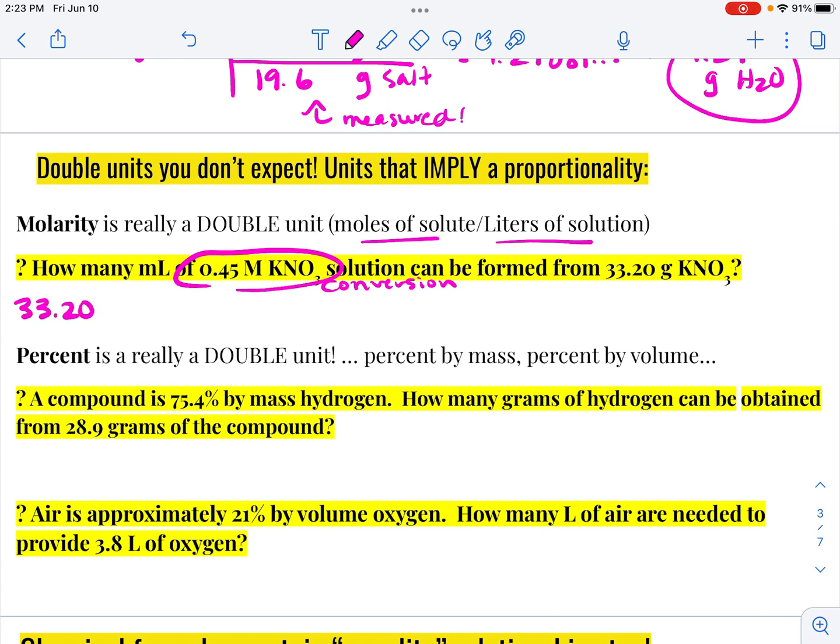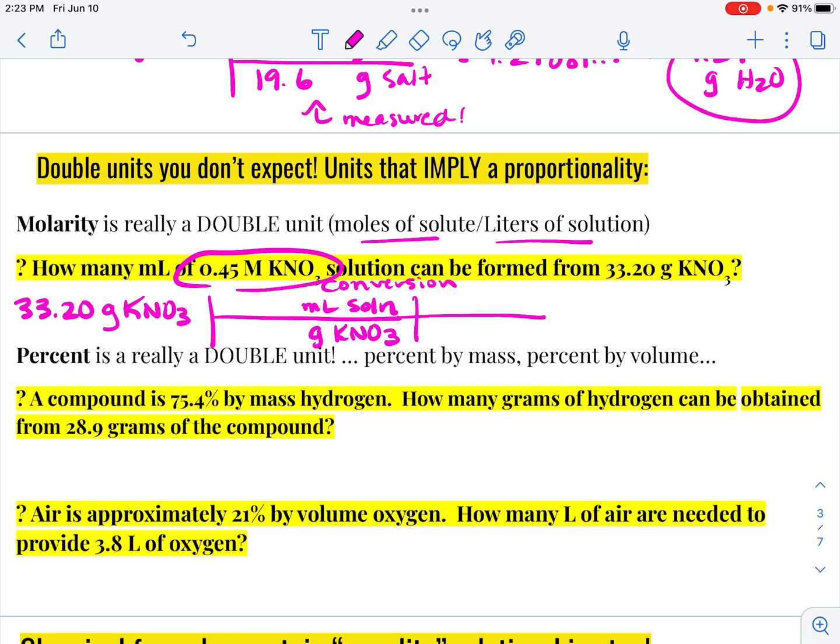So I'm going to start with 33.20 grams of KNO3. It's going to be really important to label my stuff so that I know what I'm working with. So I need to get rid of grams of KNO3, and I want to know milliliters of solution. It's not milliliters of KNO3, it's milliliters of the solution containing the KNO3.